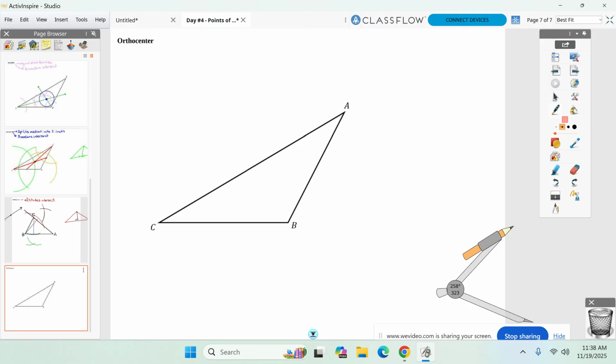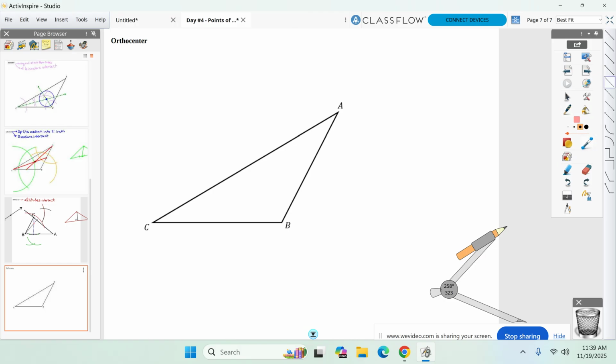Keep extending your altitude too. If you remember, you need them to intersect. Keep extending it.